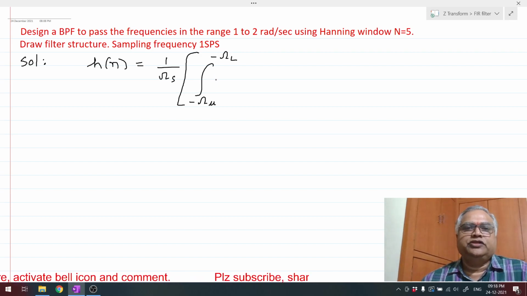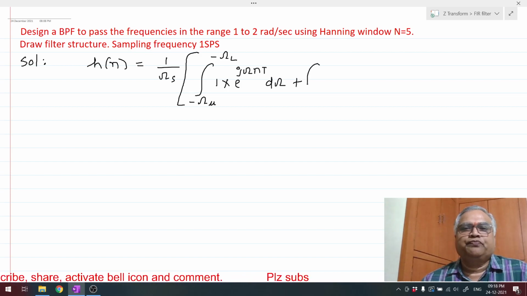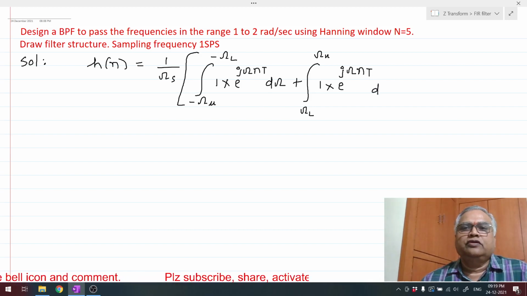In this range the value is 1, e power j omega n d omega, plus omega L to omega u, it is u, again 1 into e power j omega n d omega.